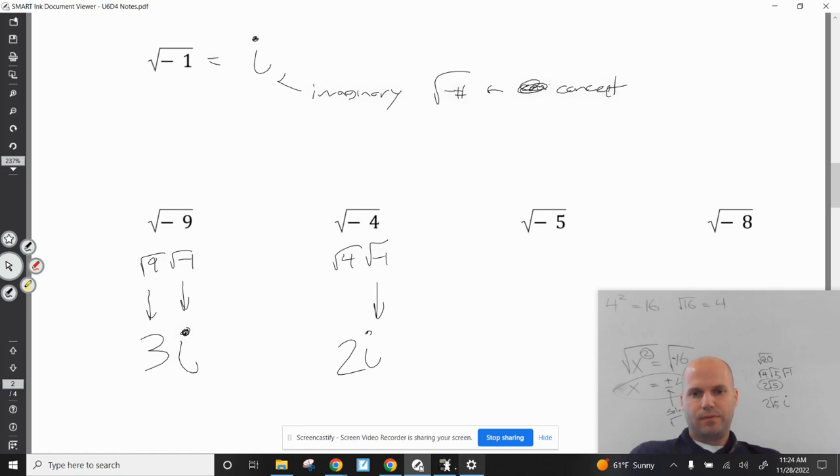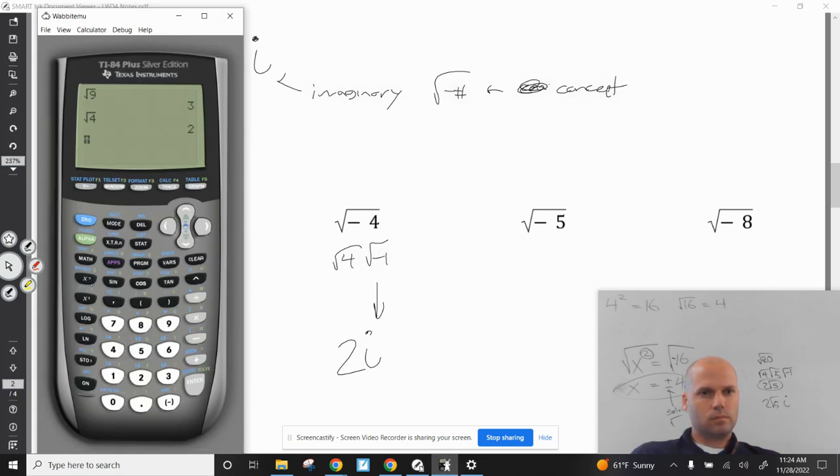Let's try 5. Nope, can't do the square root of 5. Now this is when we try to simplify. If this was any other number, try to divide it by perfect squares. Remember all of our perfect squares?